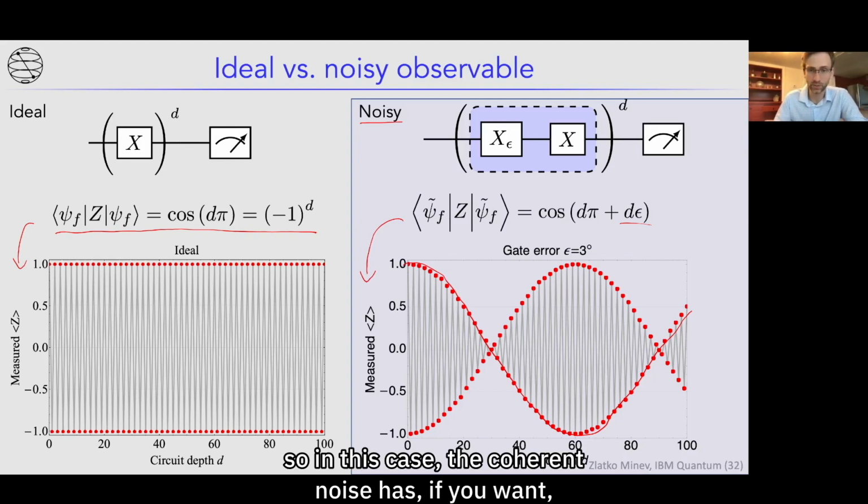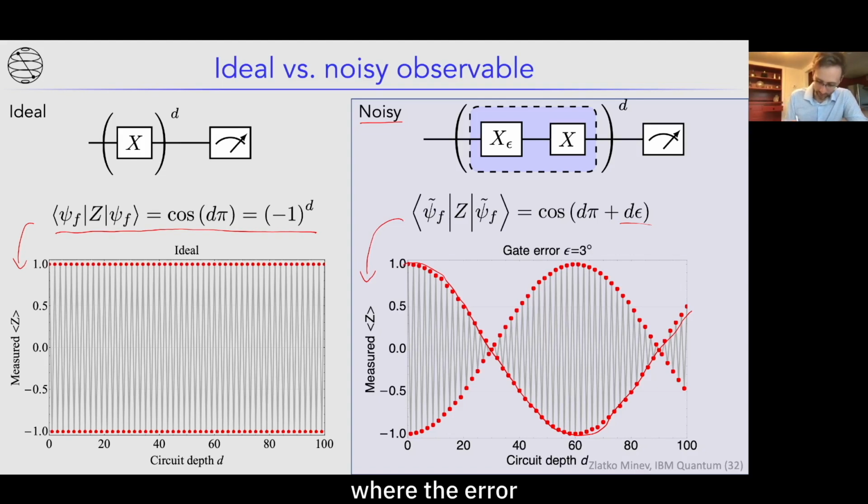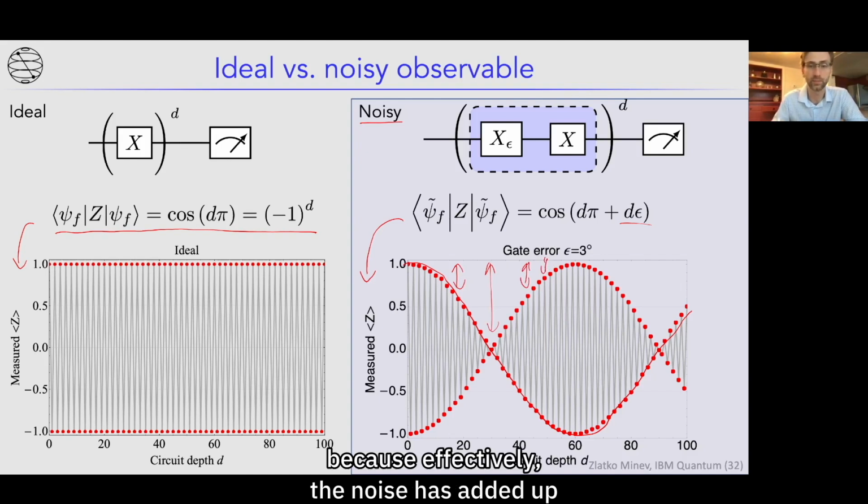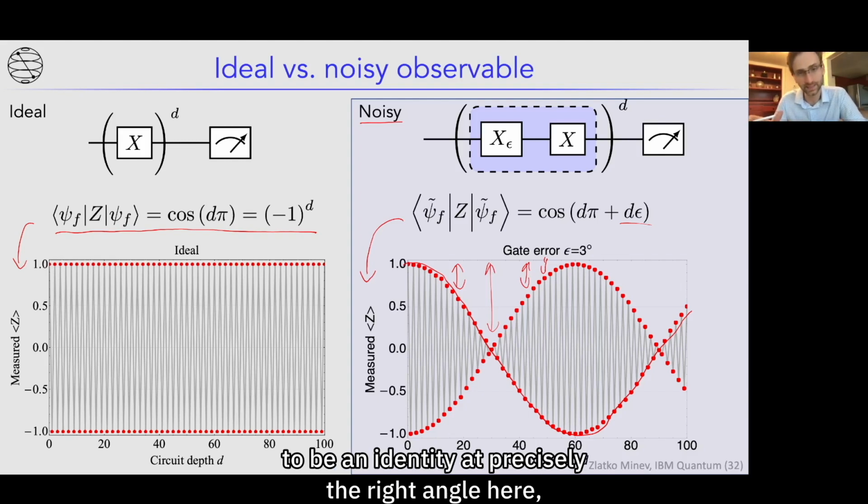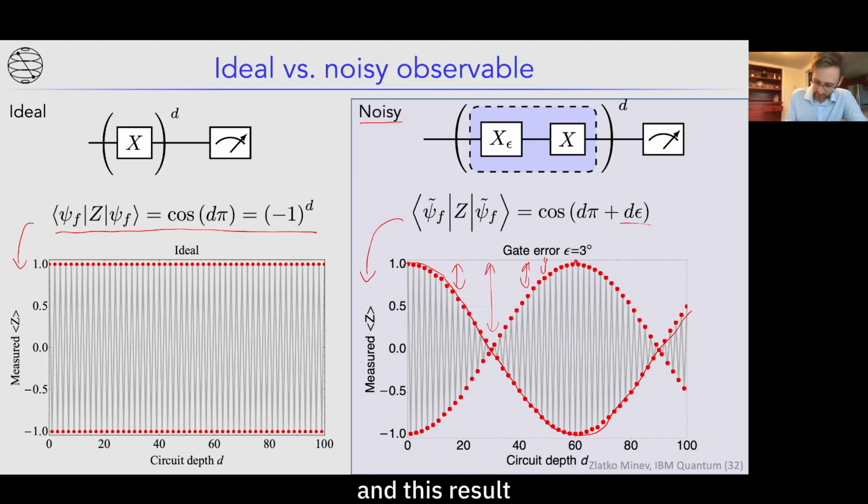So in this case, the coherent noise has, if you want, visually rendered itself as an oscillation, and that's going to be a very common effect we see, where the error will initially be very large and will grow, and as time goes on, it may well shrink again temporarily, because effectively the noise has added up to be an identity at precisely the right angle here. And this result is for a specific noise strength of 3 degrees, so just a 3-degree angle.